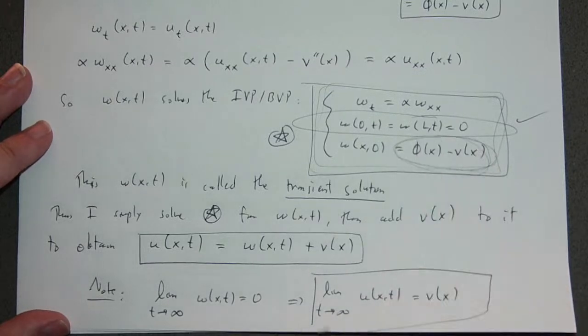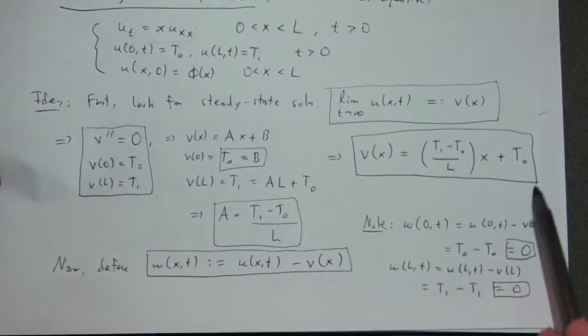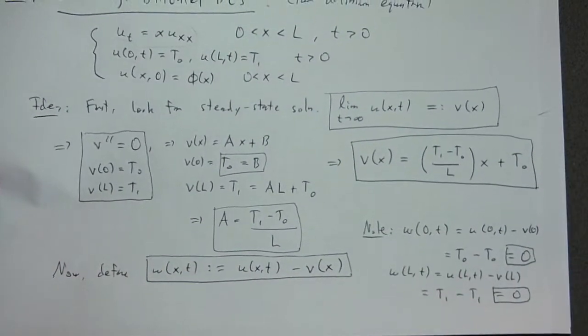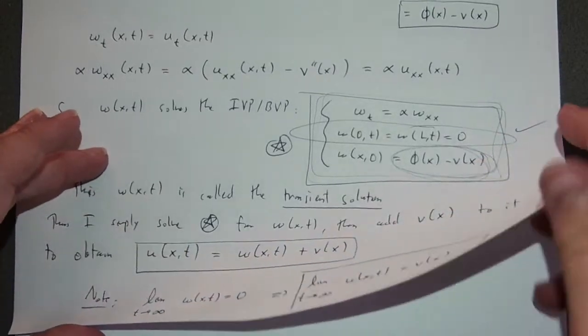And so we get that infinite sum, and then to that we add this to get our solution to this problem. Okay. All right. What about mixed homogeneous boundary conditions?